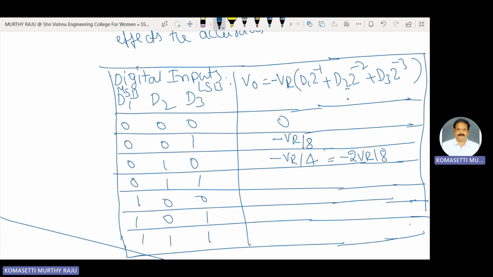Here D2 and D3 are 1, that is V0 is equal to minus VR into 1 by 4 plus 1 by 8, that is equal to minus 3 VR by 8, minus 4 VR by 8, minus 5 VR by 8, minus 6 VR by 8.